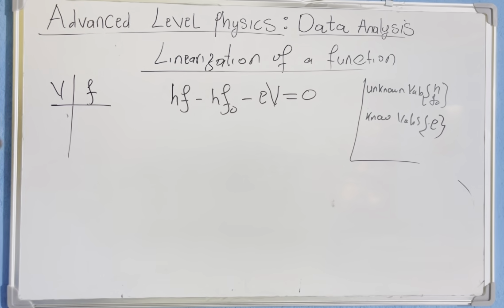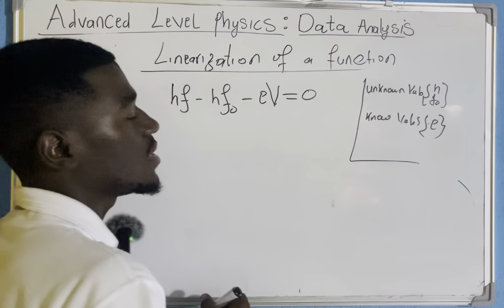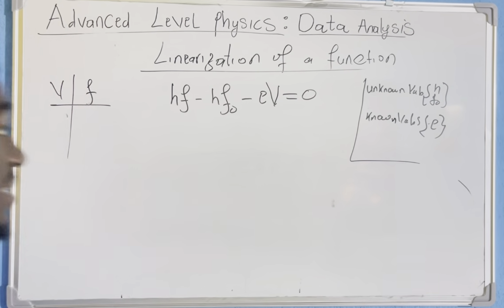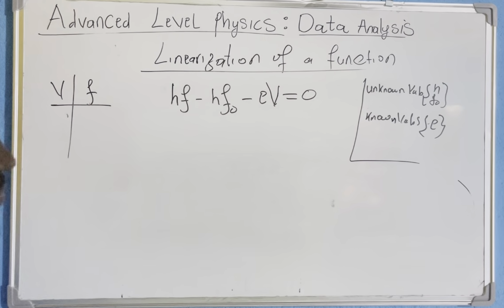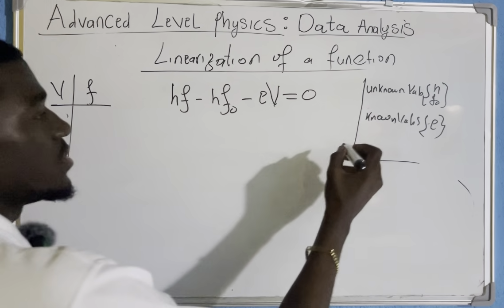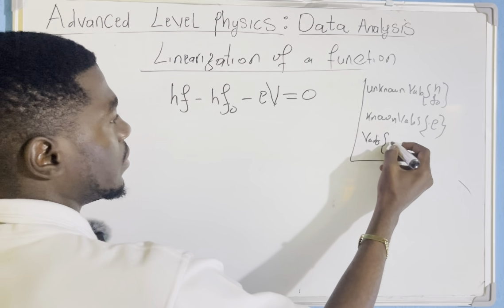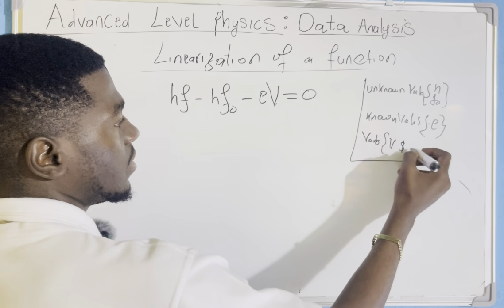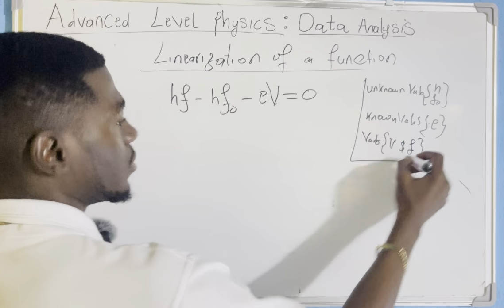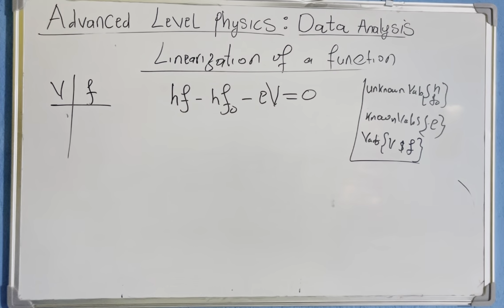From here already, I should have an idea how this thing will look. And my variables are V and f. Those are my variables.